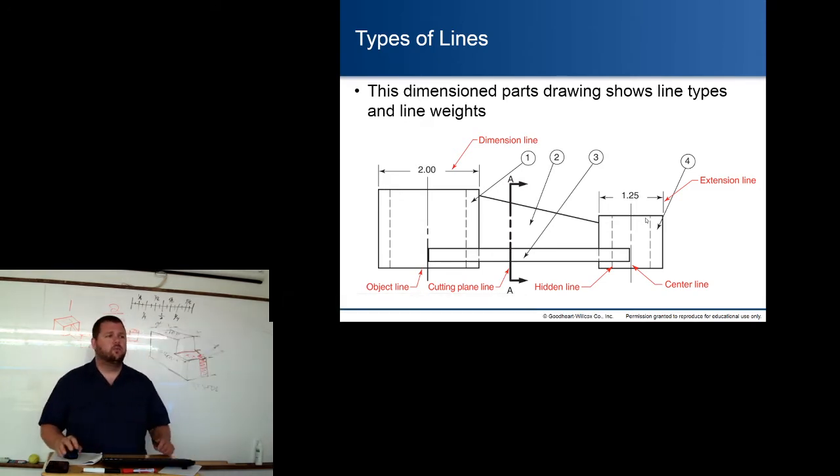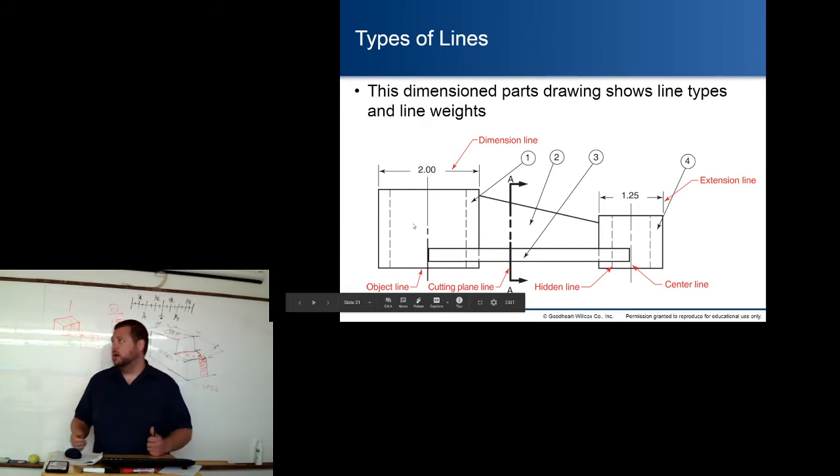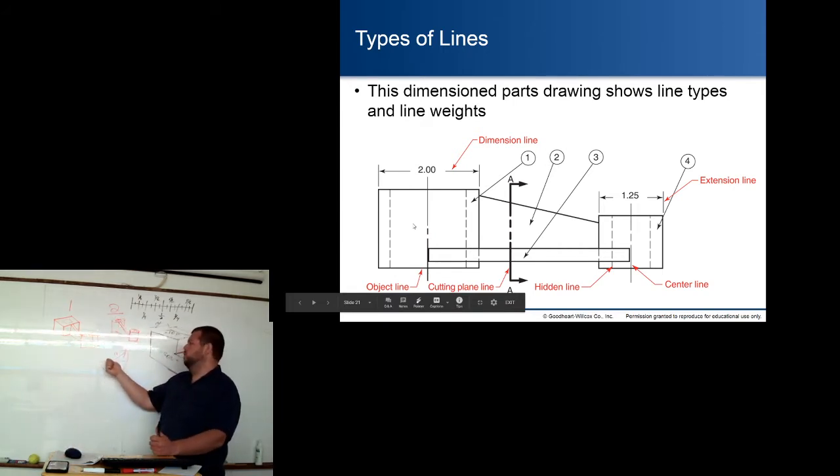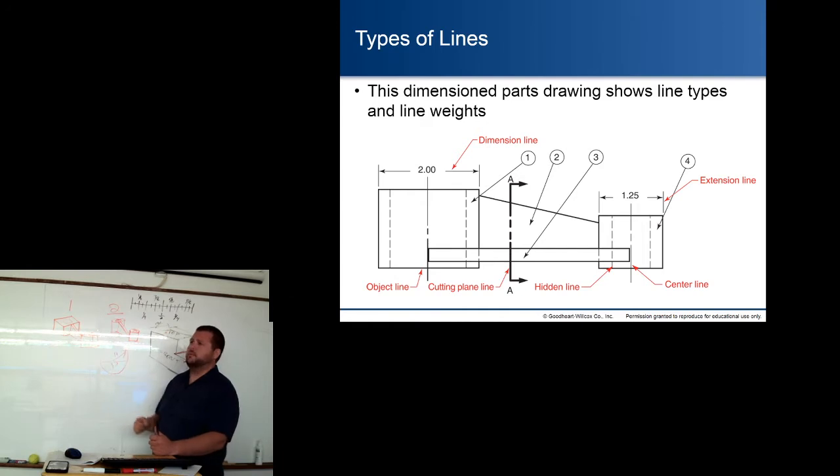You start looking for things like center lines. And the reason for that is because those center lines dictate that there's some type of circle. These hidden lines mean there's some type of edge, not edge exactly, but that there's something contained within that. There's a feature. And in this case, since we have a center line that normally says circle, because with a circle we are either talking about the radius or the diameter.